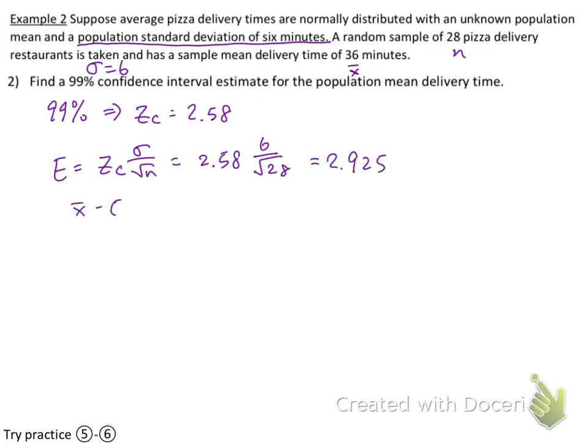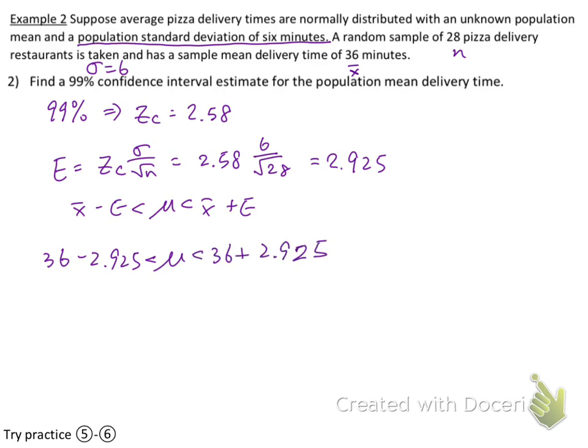Then copy my interval formula. I have my x bar minus 2.925 and x bar plus 2.925. And that gives me mu sits between 33.075 and 38.925.